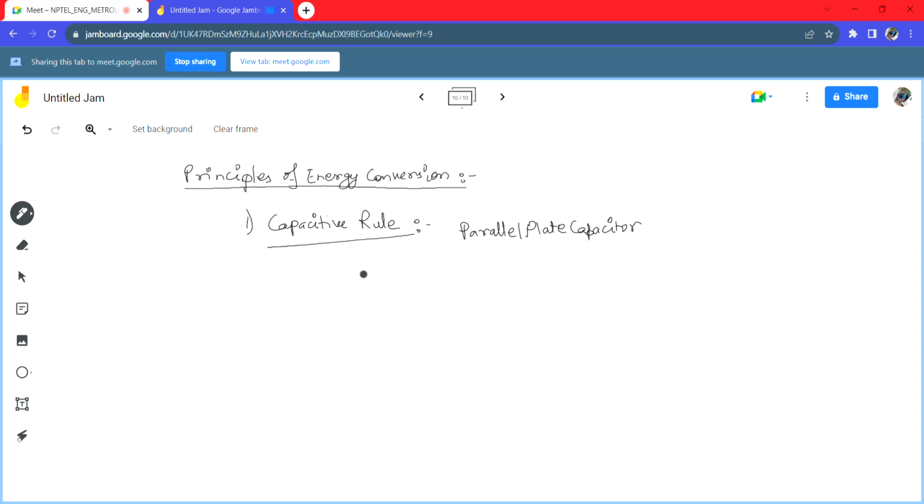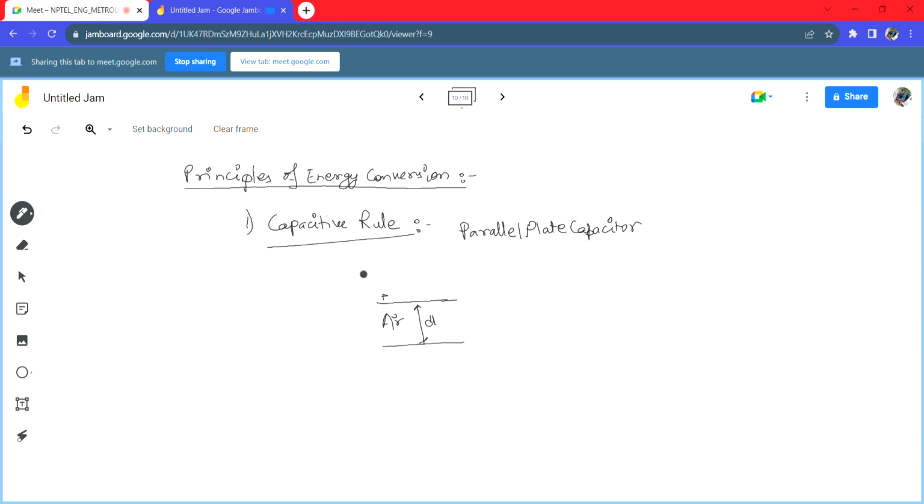Say we have two metal plates, and in between these two metal plates there is nothing but air, and this distance is d.